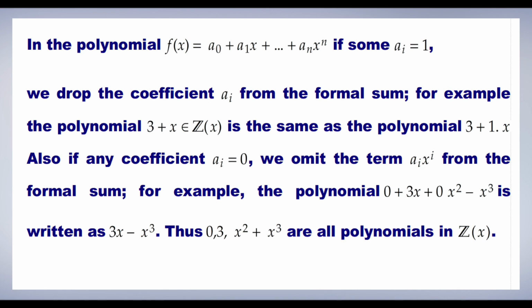Also, if any coefficient ai is equal to 0, we omit the term ai x power i from the formal sum. For example, the polynomial 0 plus 3x plus 0x square minus x cube is written as 3x minus x cube. Thus 0, 3, x square plus x cube are all polynomials in Z of x.